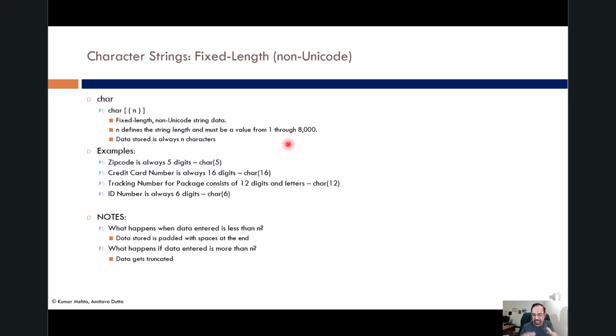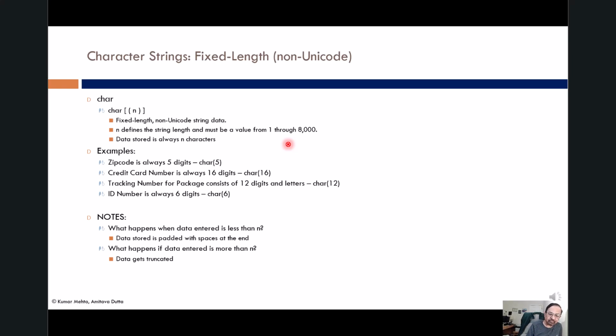The next broad type of data that you can have in the database is character strings. Just like you had variations of numbers, you have variations of character strings, and we'll see what some of those variations are, and you will get a sense of why we have these different variations. What's the benefit of having these different nuances of character strings?